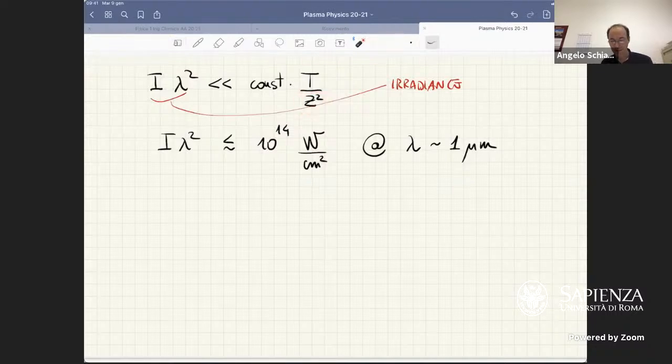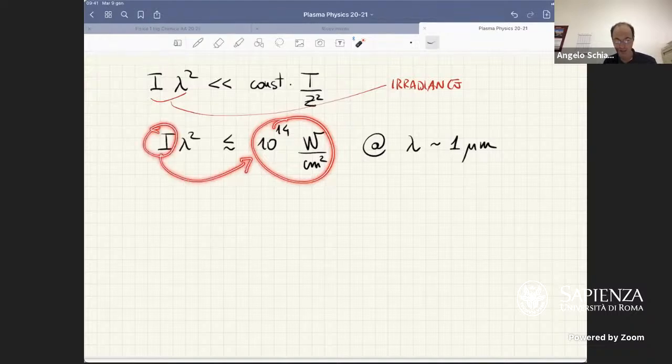To be practical, we take as a reference the typical wavelength for lasers that we are using in ICF, inertial confinement fusion. And for optical radiation, we are talking about 1 micron radiation. So we see that the intensity that we have to require, this term here, has to be smaller than 10 to the 14 watt per square centimeter.